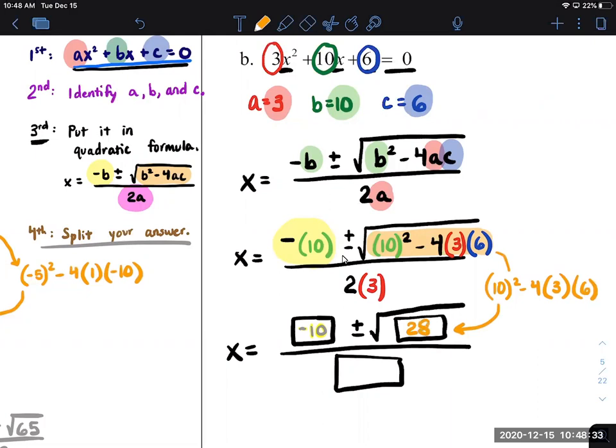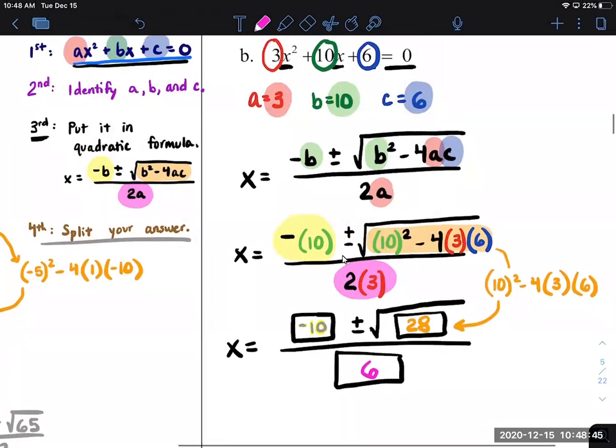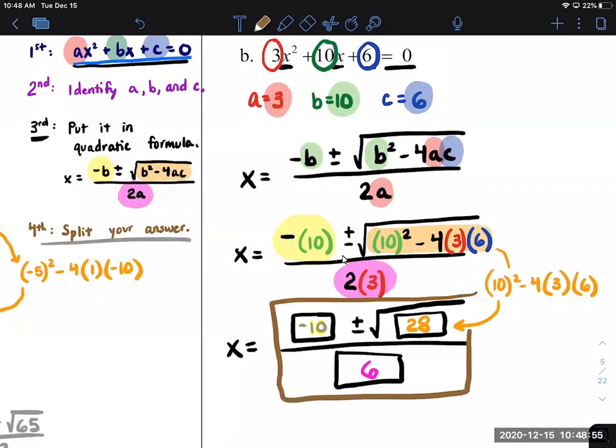And then we just have to do that bottom part. 2 times 3. Well, we know 2 times 3 is 6. So now we have filled in the quadratic formula. If you're taking your quiz on Canvas or online, this is what I would like you to type in. Oops, not the X. Just fill in the boxes with those numbers.